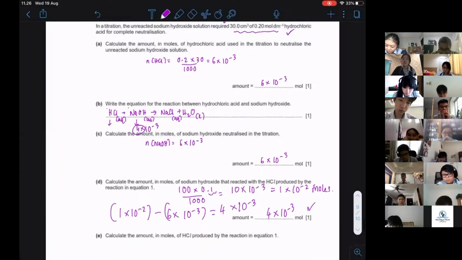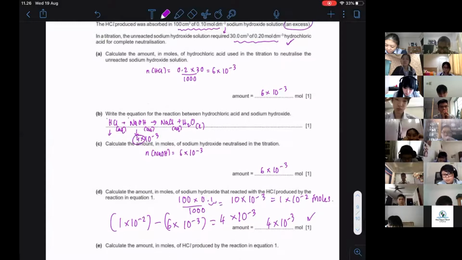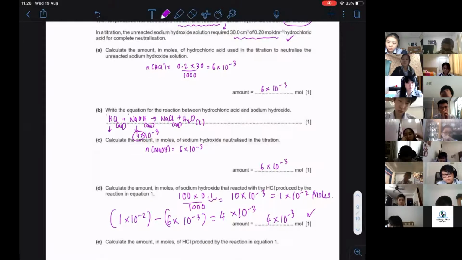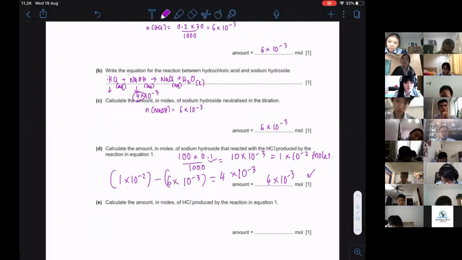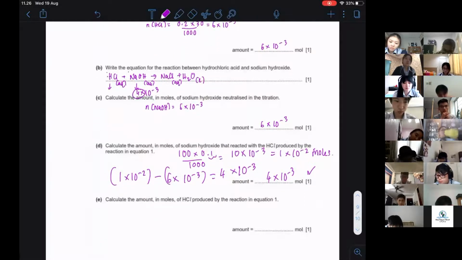So if I want to find the number of moles of HCl that is being absorbed, it is going to be the same, 1 mole to 1 mole. So the number of moles of HCl produced is 4 times 10 to the power of -3 moles also.